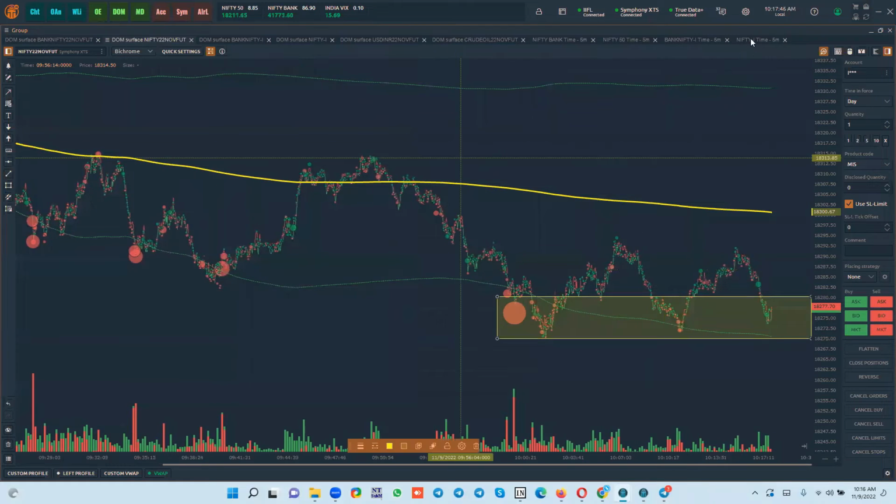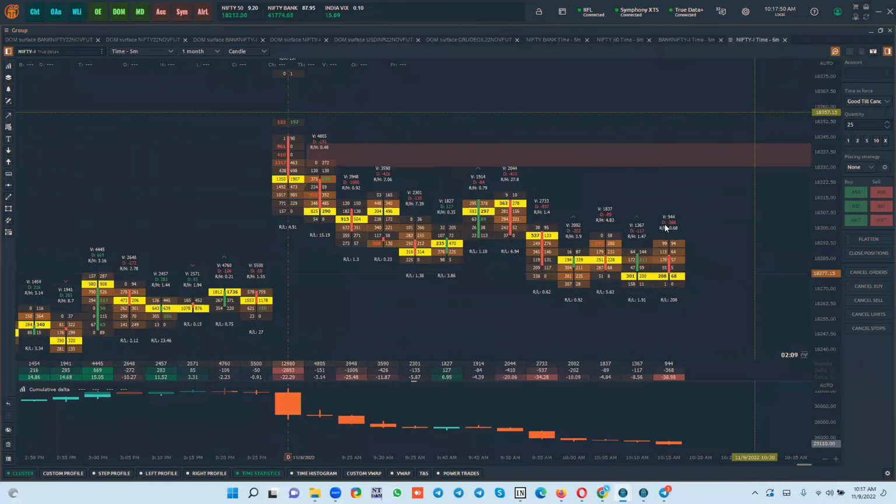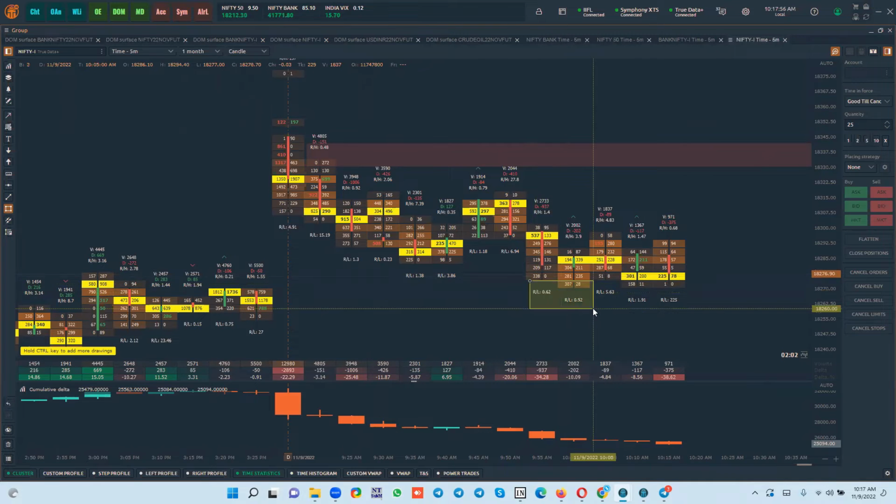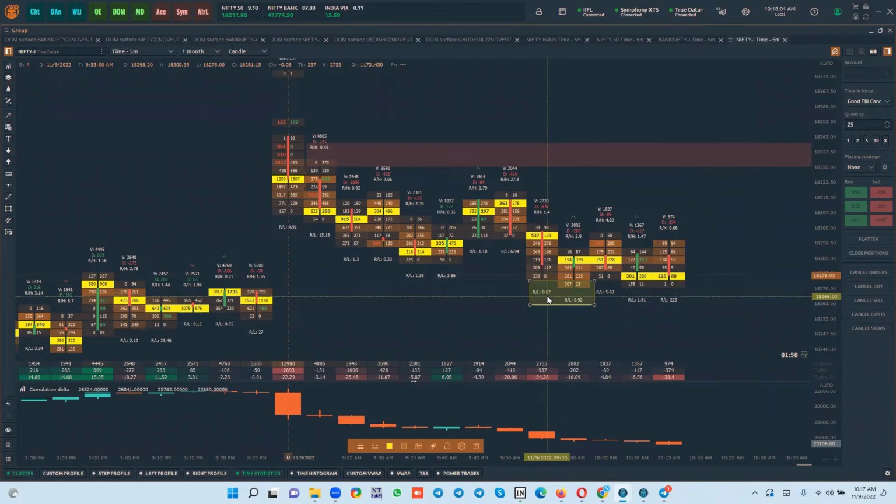Let's look at the order flow panel as well. Here you can see there are some large limit orders around this level. The value is not in line with what we want, which is a value below and above 30, but certainly at these levels there are large limit orders.